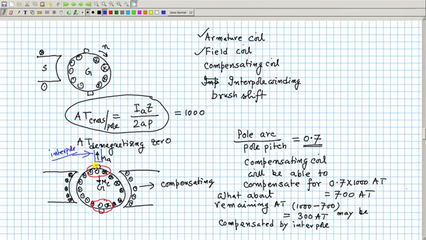Therefore, I am repeating what I have done in this slide: there is no brush shift, the machine is here, field coil, armature coil. Then I know there are total cross ampere turns per pole, and it would deform the field form.